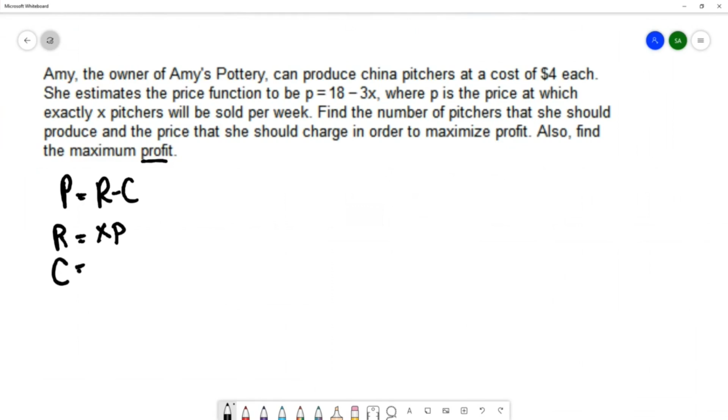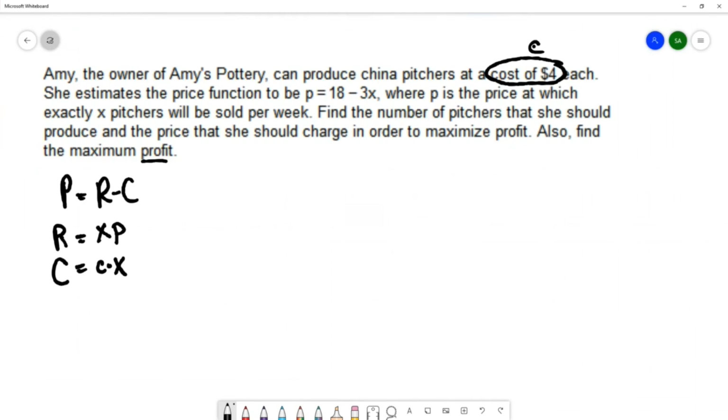And the cost is the number of units times the cost per unit. I don't have a variable for that, so let's say that the cost per unit is a lowercase c. This capital C is the cost for all of the units. The lowercase c is the cost per unit. And we are given the cost per unit, which is right here.